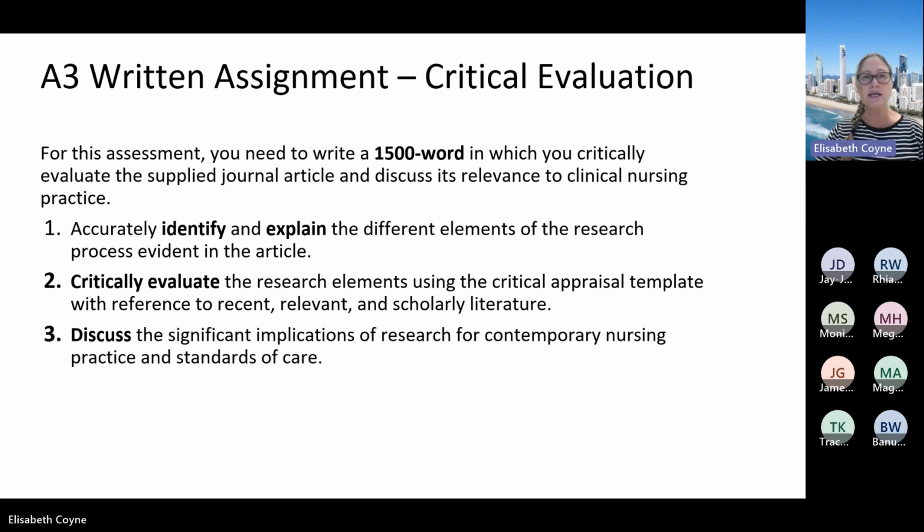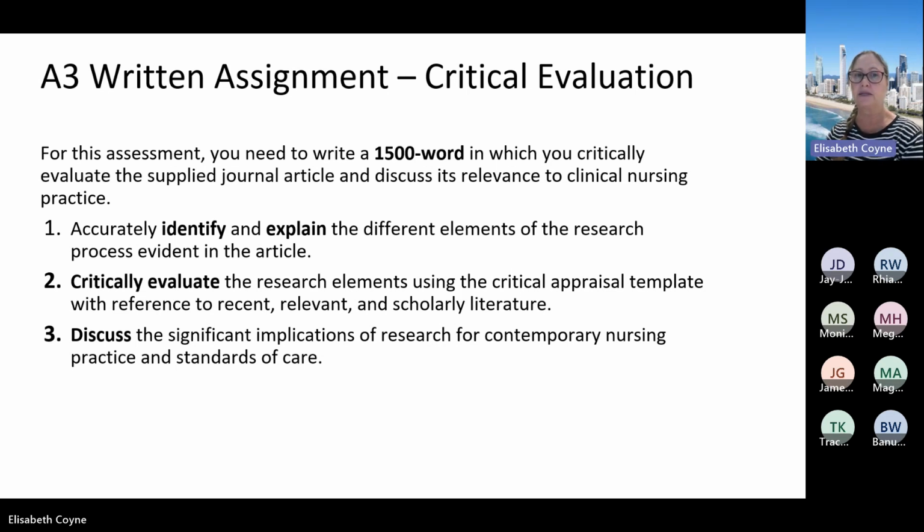We can see here that it's a critical evaluation. So always keep that in mind. It is not a summary. This is a critical evaluation, which means it's your critique. So you need to accurately identify and explain the different elements of the article and critically evaluate these elements using the template which we provide, and then look at that in relation to recent, relevant and scholarly literature.